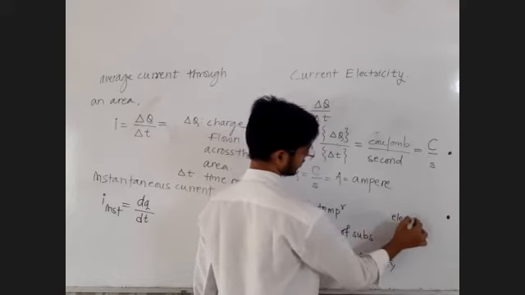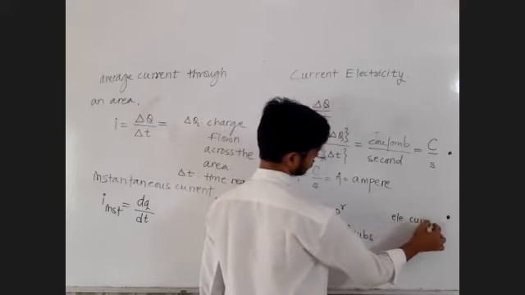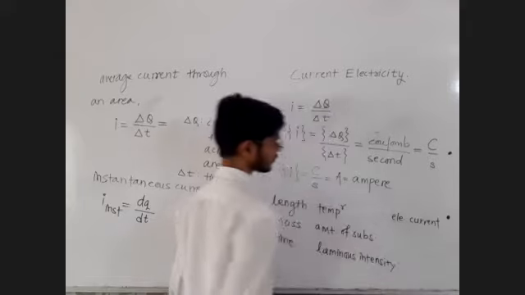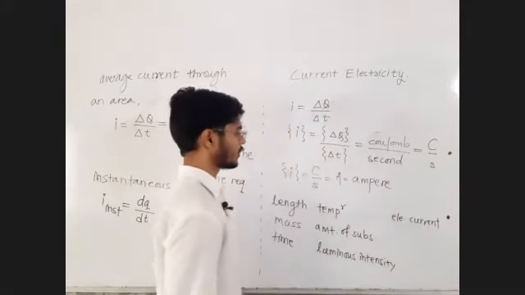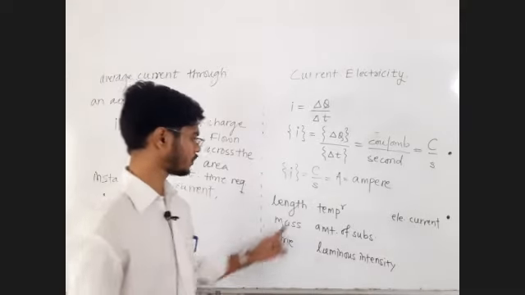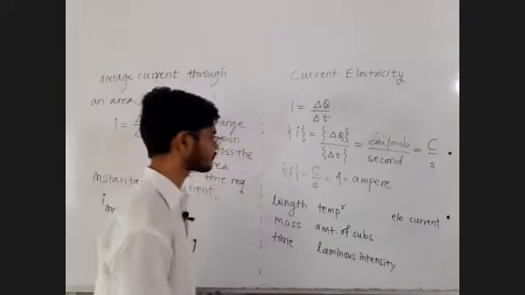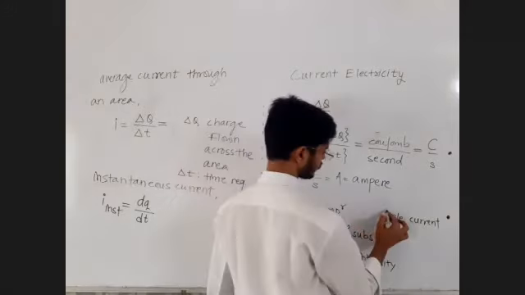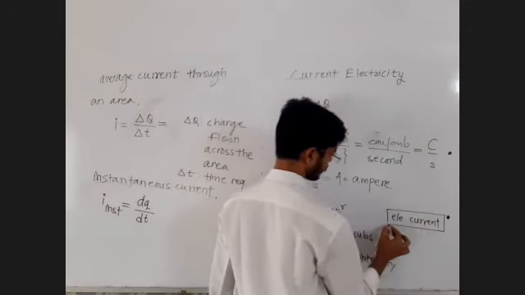Not heat current, not any other type of current, not water current. It is electric current, the flow of charge. These are the 7 fundamental quantities: 1 2 3 4 5 6 7. And current is one of the 7 fundamental quantities.